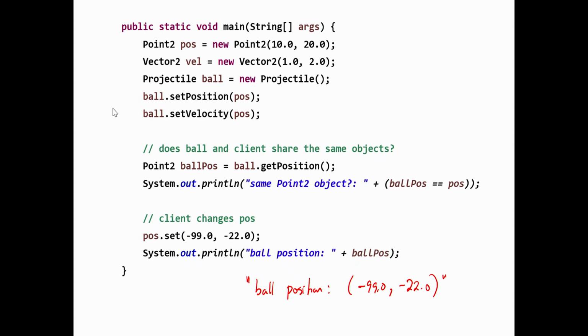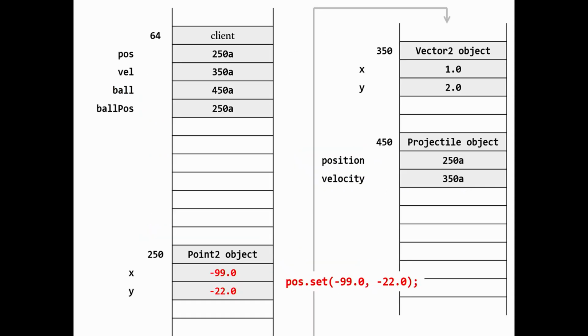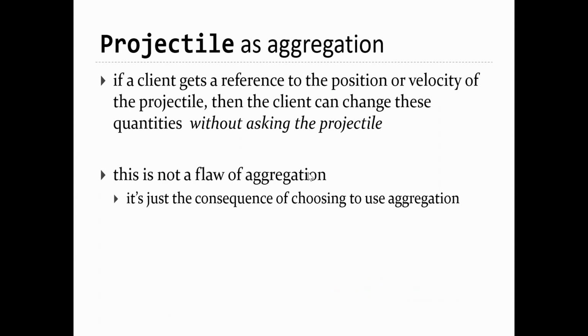I never say ball dot something to move the ball. All I do is use a different variable to change the position here, and now suddenly the ball also changes position. And you might think, well, that's weird, that I can change the position of the projectile without asking the object that is the projectile.